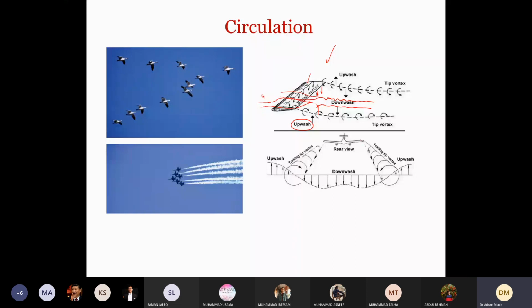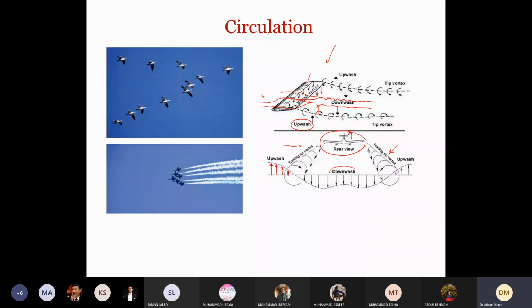Now you can clearly see we have an aircraft that is flying in this direction inside the paper, right? This is the rear view of this aerofoil, of this wing of this aircraft. Now you can see that the tip vortices are generated at the tip of this aircraft, and then we have downwash vortices, and these tip vortices will generate net upward velocity, upward velocity distribution like this, because of their direction.